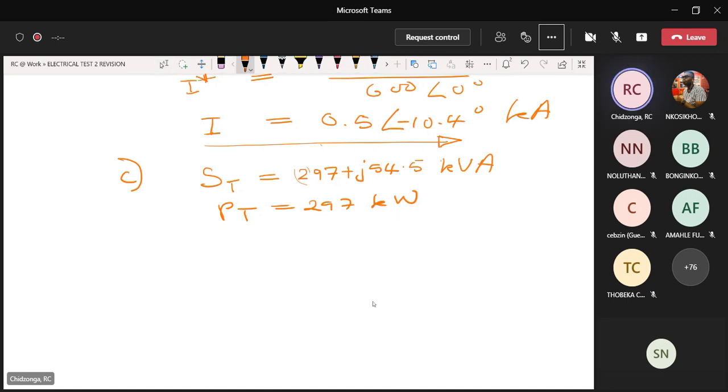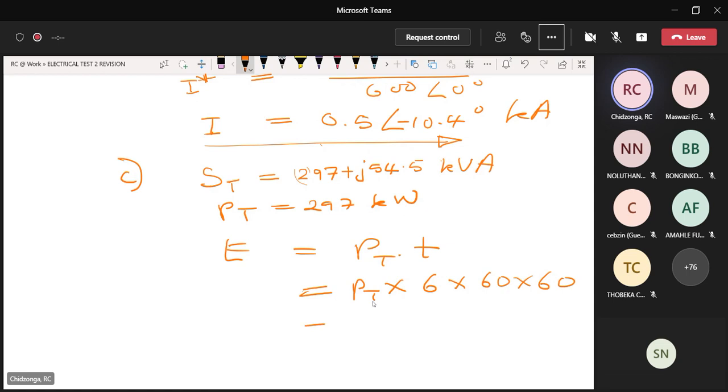But remember, energy is equal to power times time. That is the known formula for energy. Power is energy per second, so energy is power times time. The time should be in seconds, so it should be power times 6 hours, but 6 hours is 60 minutes, and each minute is 60 seconds.